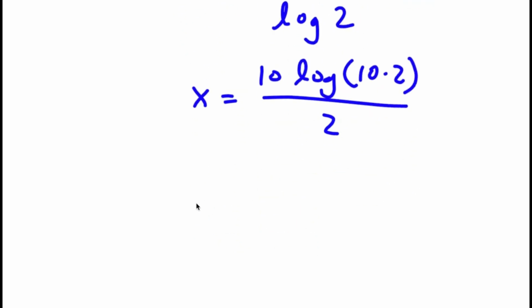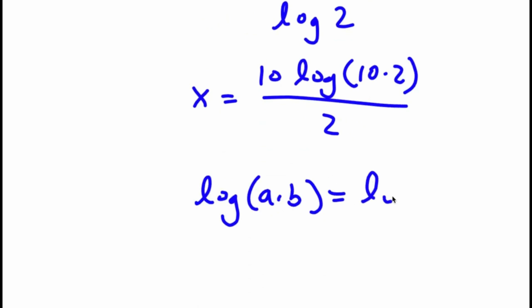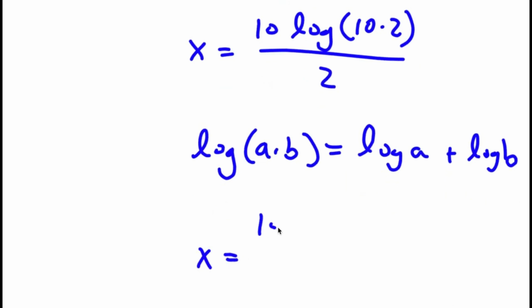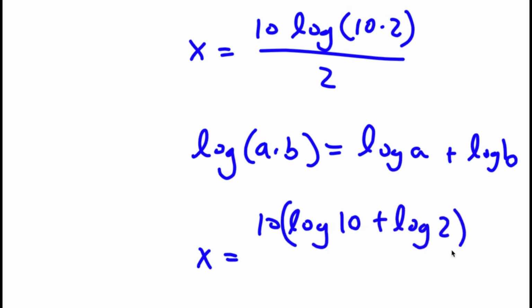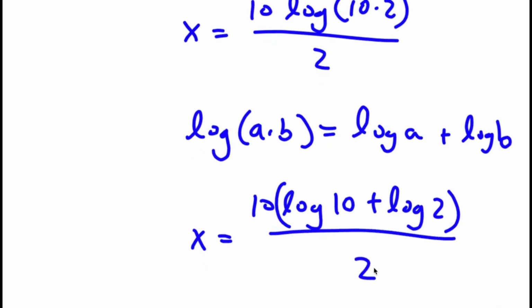And now if I have something in the form log of a times b, that's simply equal to log a plus log b. So in this case, log of 10 times 2 is going to equal log 10 plus log 2.